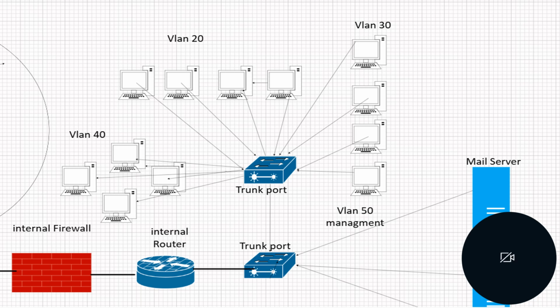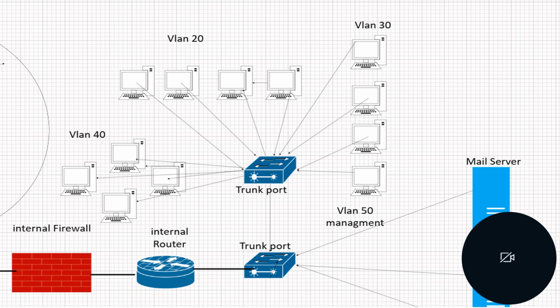We have VLAN 20, VLAN 30, and VLAN 40. Each VLAN is one segment, one department, and we have a management VLAN, which is VLAN 50, with the mail server, the DHCP server, the SQL server, and all IT devices.